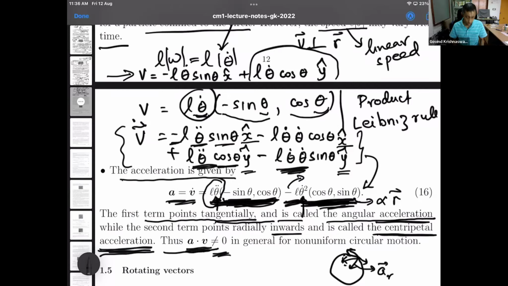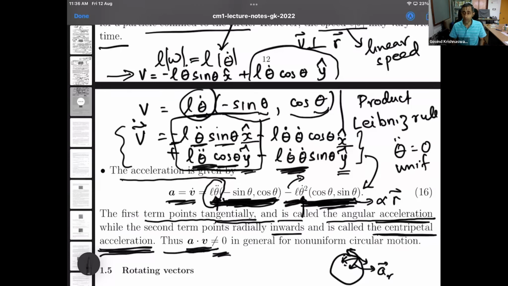Sorry, who was that? Sir, Kaustubh Manda. Kaustubh Manda, yes. So Kaustubh has rightly pointed out that the limit of uniform motion is obtained simply by putting theta double dot equal to 0. Then these two terms will go away, and the tangential part of the acceleration is lost.